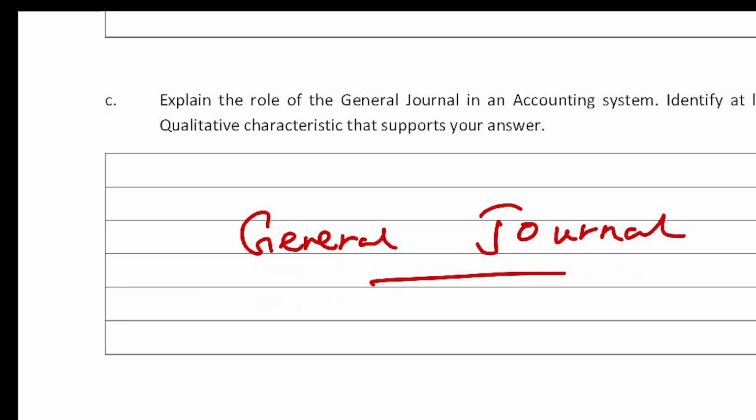So for this question we can say relevance, faithful representation, verifiability. Others are not applied. We can say any of them. Take down the answer. The general journal is an accounting record.